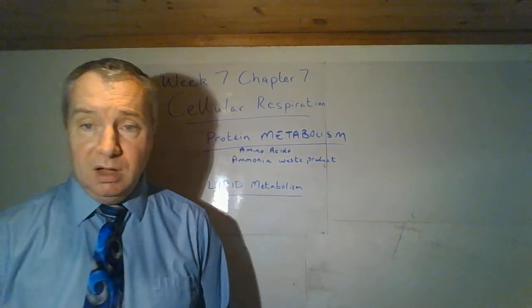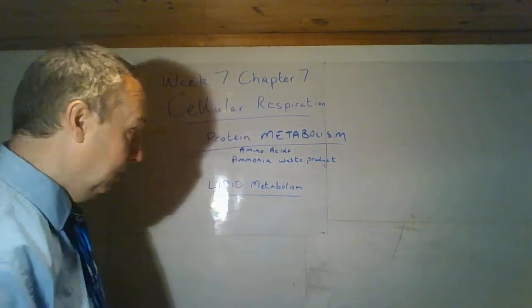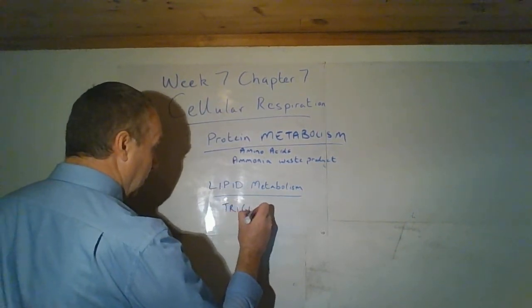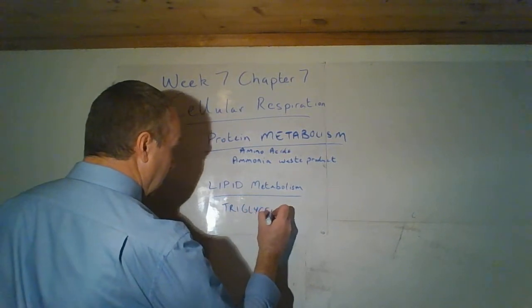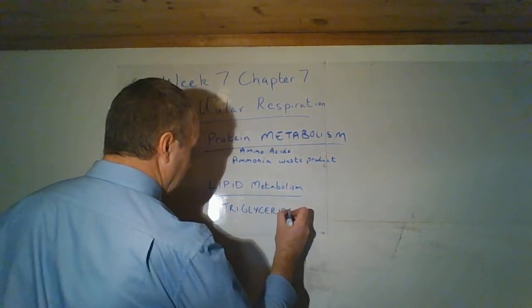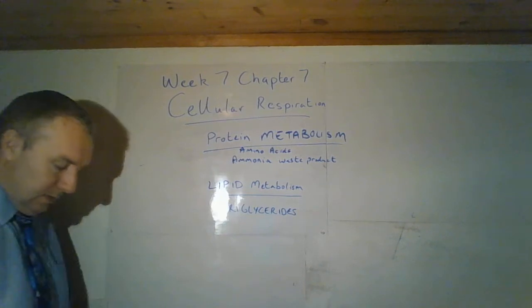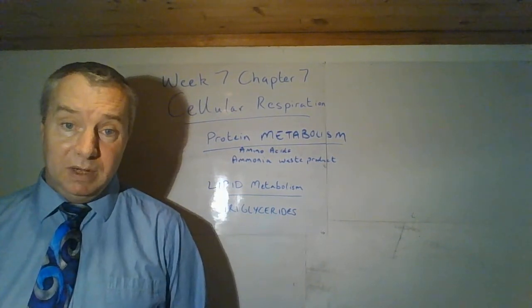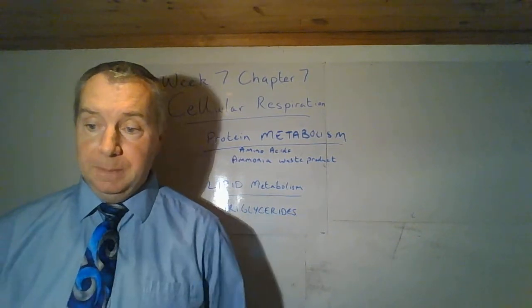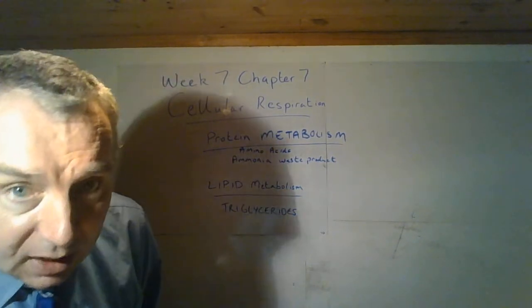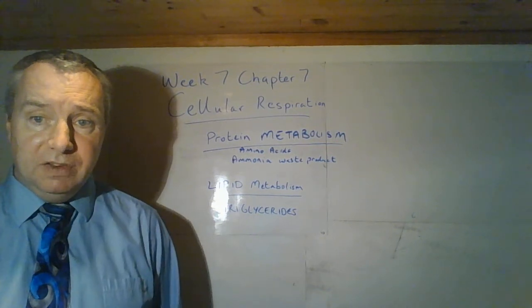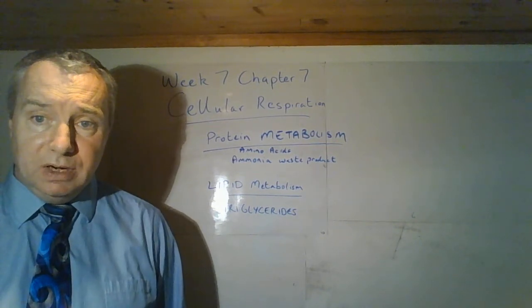So an example of a lipid that we could break down would be some of our triglycerides. So in a situation where glucose isn't available to our body, we can break these down too. And that's really what we need to know for Chapter 7 and cellular respiration.